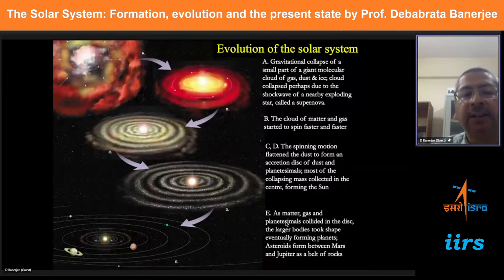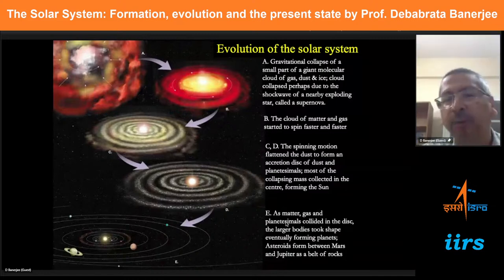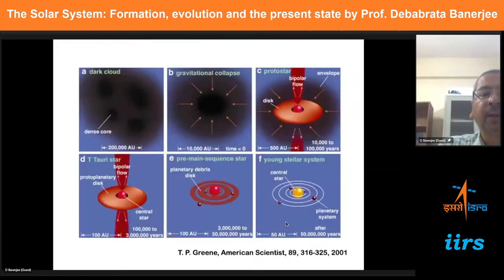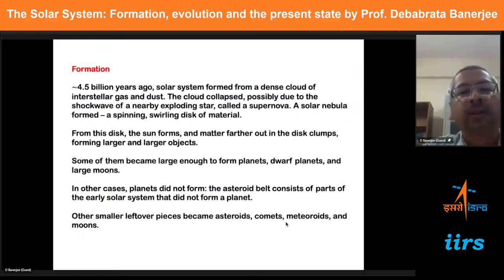The planetesimals accumulate slowly, forming larger and larger bodies, and there will be remnants which form the asteroid belt between Mars and Jupiter. So this is what I've discussed in this slide.